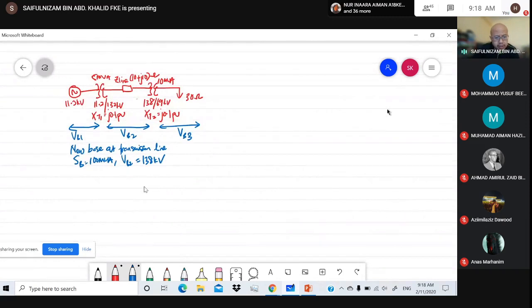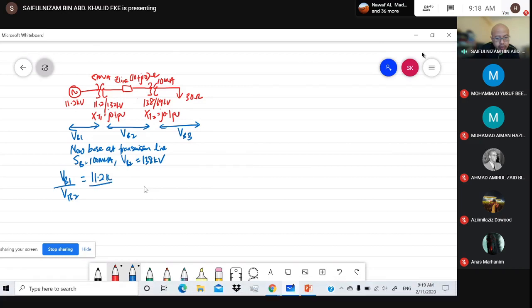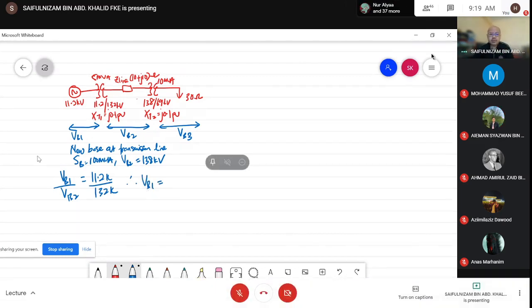Okay, by using the ratio of the transformer, for example, VB1 over VB2 equal to 11.2 kV over 132 kV. So can you find VB1? VB1 equal to what?